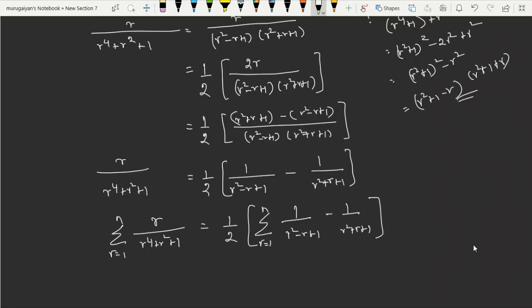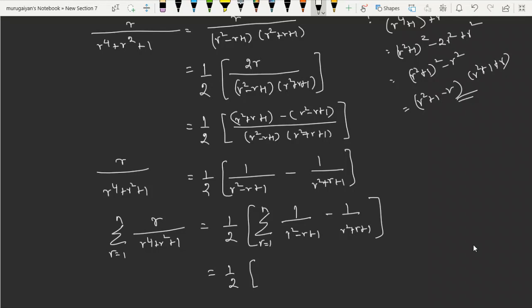Dear student, if you take r equal to 1 to n, there will be n terms. Out of cancellation, only two terms are left, the highest term and the least term. In the expansion, for the highest term, I'll put r equal to 1 in the first part.